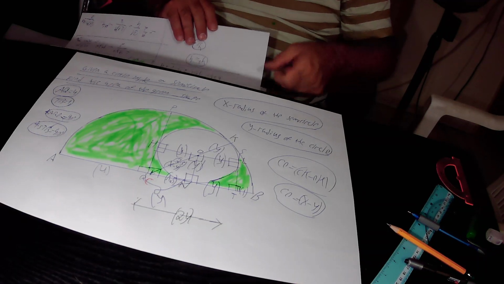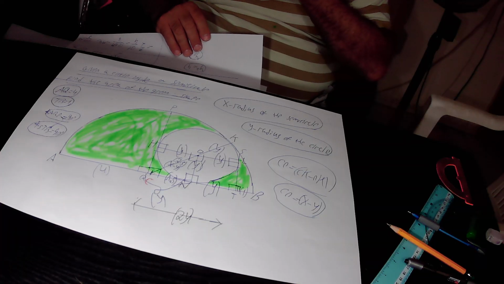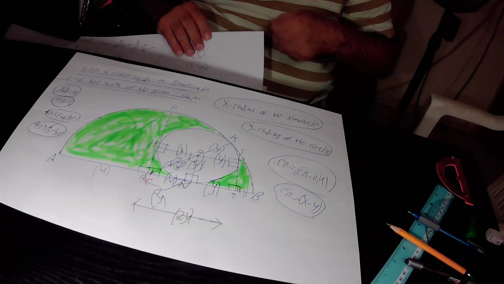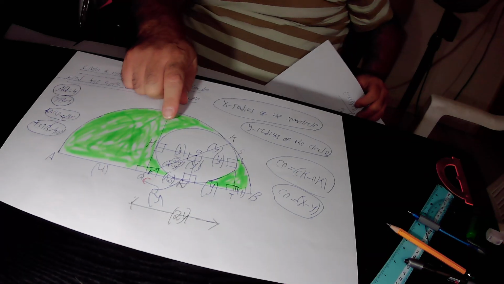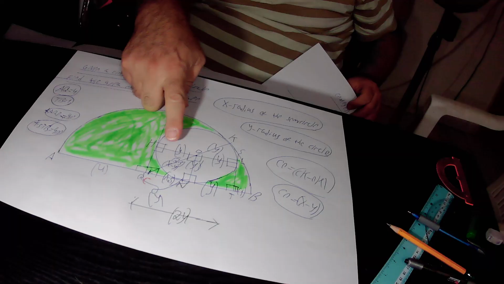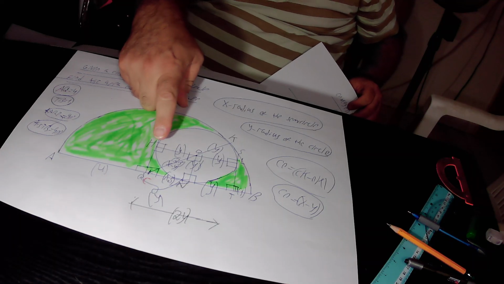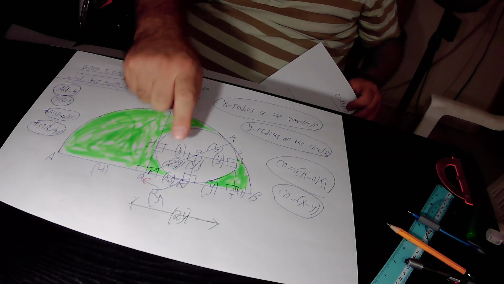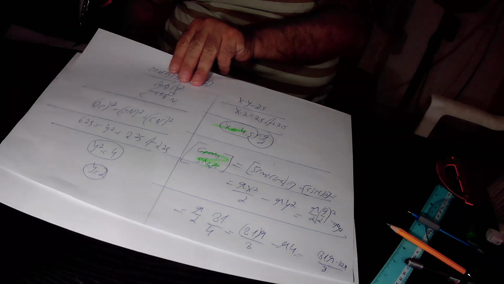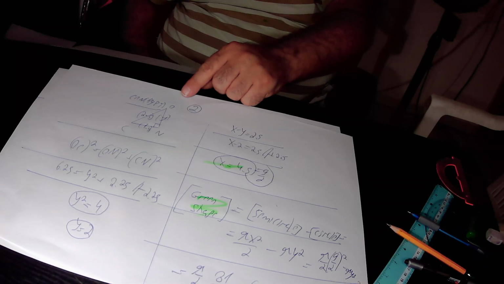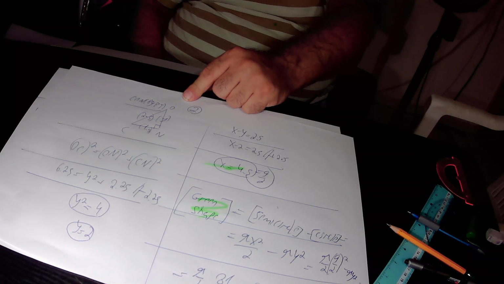According to the Pythagoras theorem, in a right triangle, the square of the hypotenuse equals the sum of the squares of the perpendicular sides. We already found out that x minus y equals 2.5, and CN equals 1.5, ON equals y.